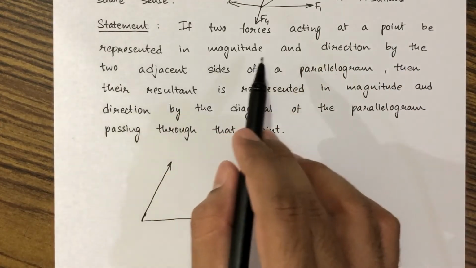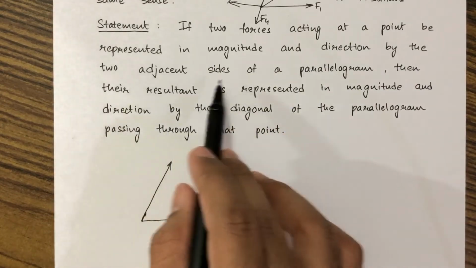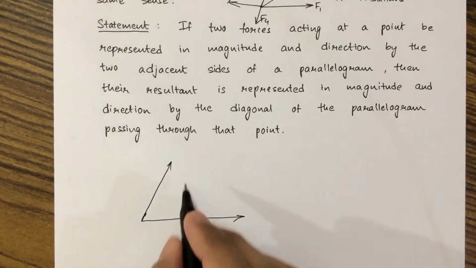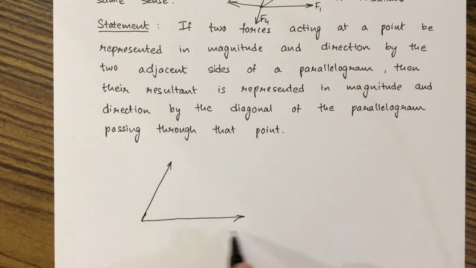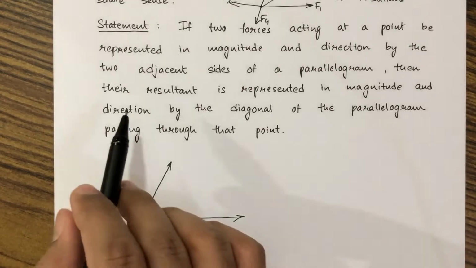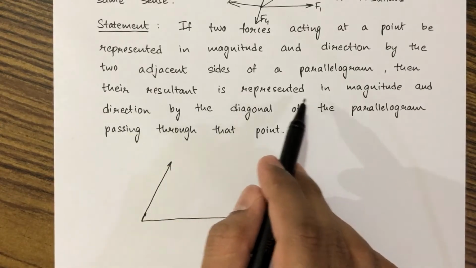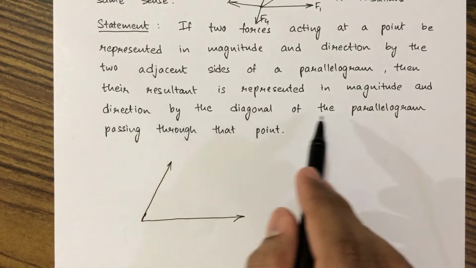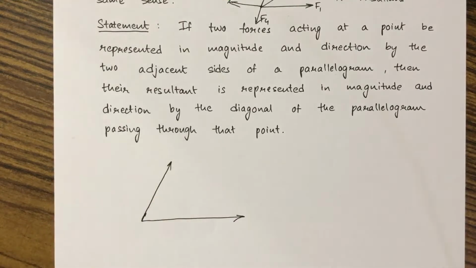Be represented in magnitude and direction by the two adjacent sides of a parallelogram. Like for example, if these are two adjacent sides of a parallelogram, then their resultant is represented in magnitude and direction by the diagonal of the parallelogram passing through that point.